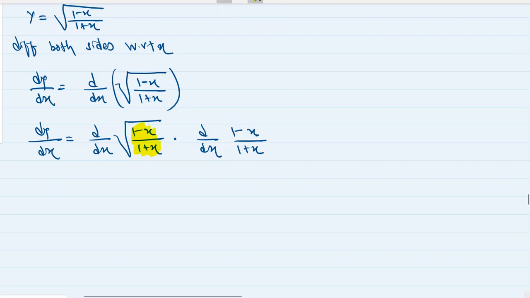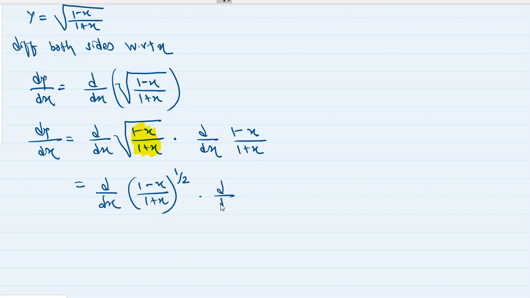So what is the differentiation of root x? See, root x can be written as x raised to 1 by 2. Okay, so can we write it as d by dx of 1 minus x upon 1 plus x the whole raised to 1 by 2? Yes. And this as d by dx of 1 minus x upon 1 plus x.